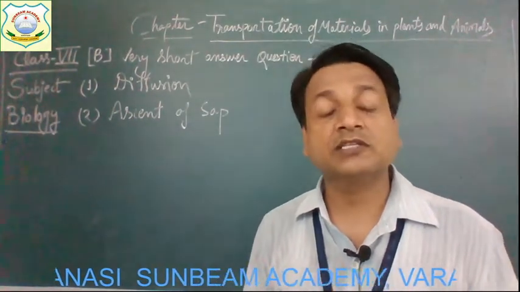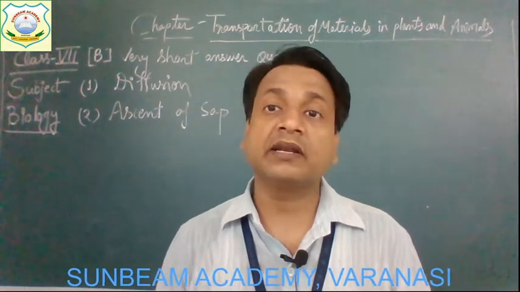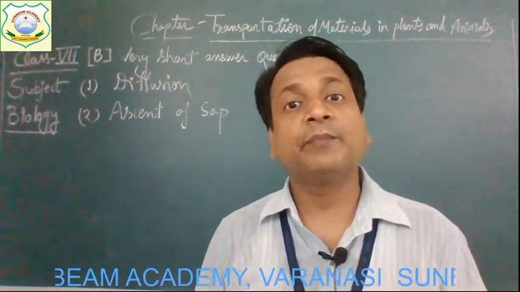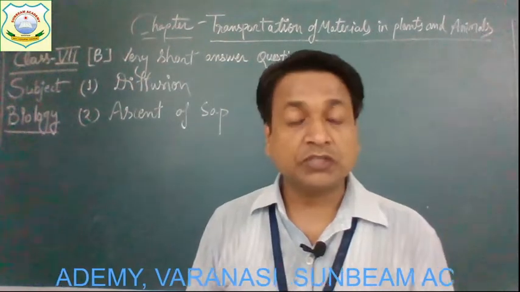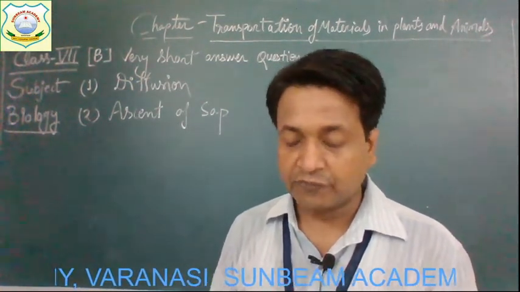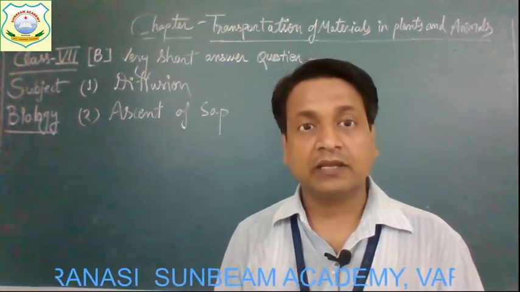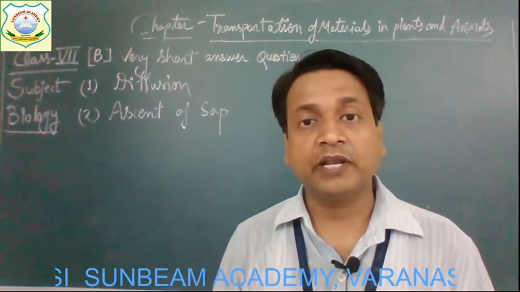This is the process by which water and mineral salts dissolved in water are transported in plants. Get it? Now question number 3 is, which tissue is involved in transportation of food in plants? As you know, there are two kinds of vascular tissues found in plants.